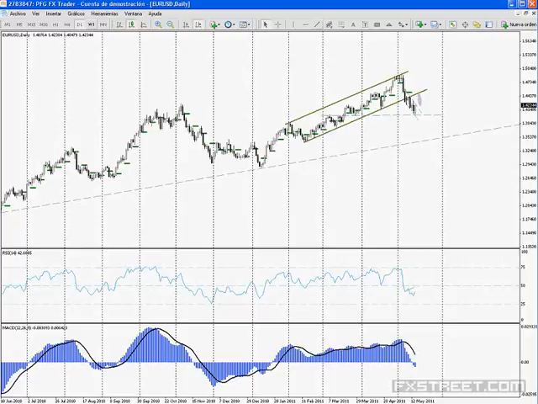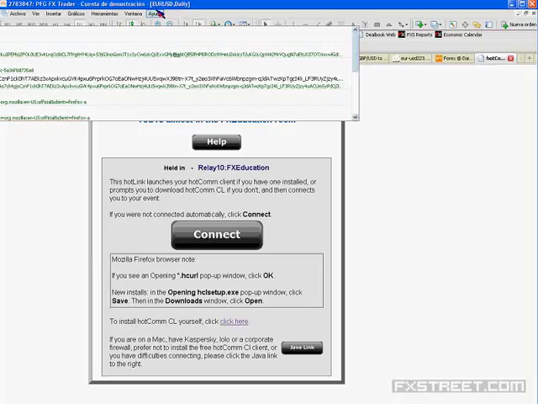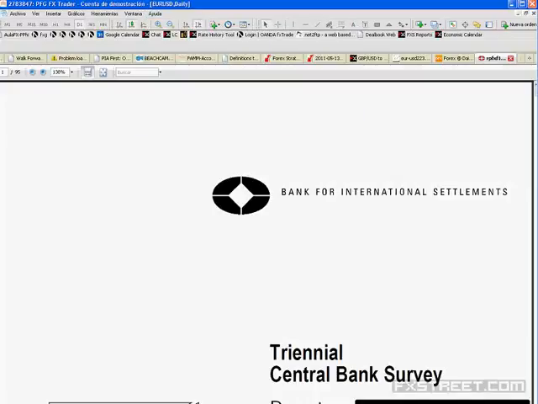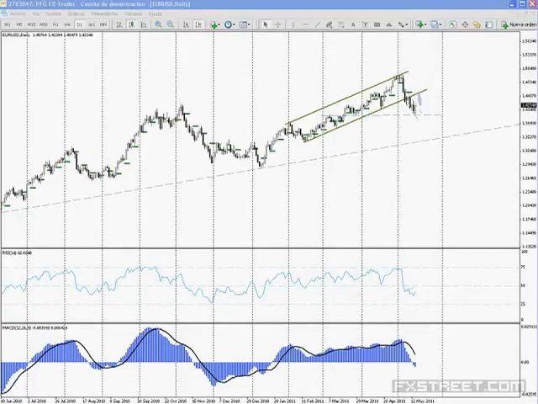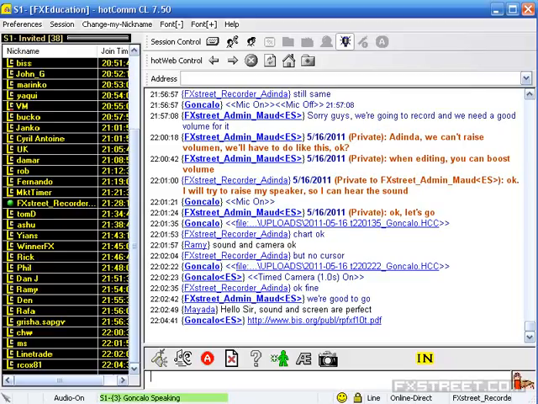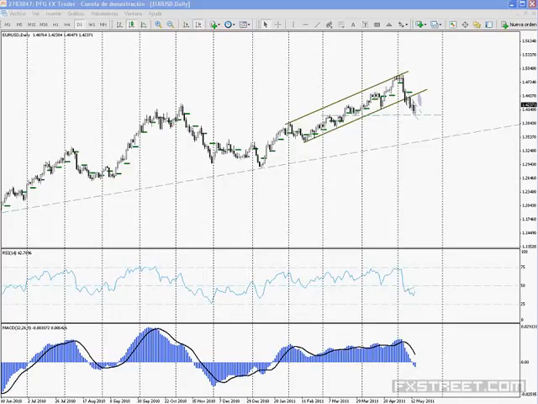For instance, if you want to have a brief view on the liquidity of these two pairs, I recommend you check this link here. This is a link to the Bank for International Settlements. This is the last report, the last survey, which was done in 2010.